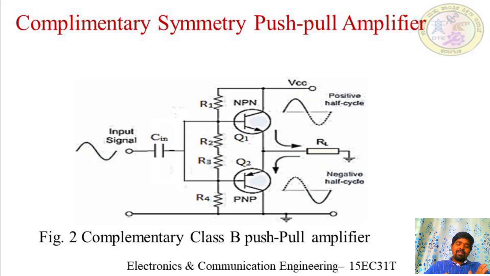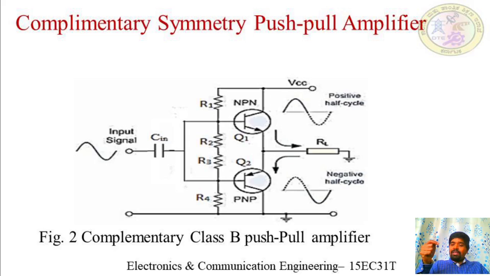Whereas in the previous slides we discussed that in push-pull amplifiers, two identical transistors are required. What will happen if I am not using two identical transistors? Obviously the amplification factor may not be the same, so we will not get the proper output, that means a similar kind of output. So that problem is overcome by using two transistors that are not identical: one is NPN and the second one is PNP.